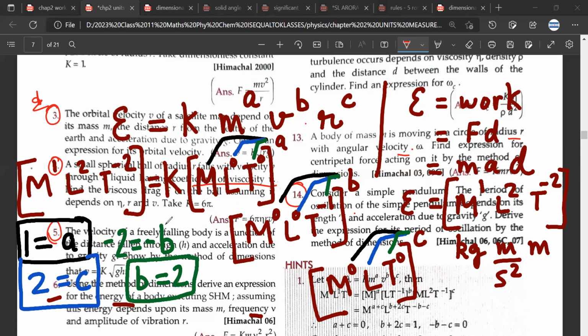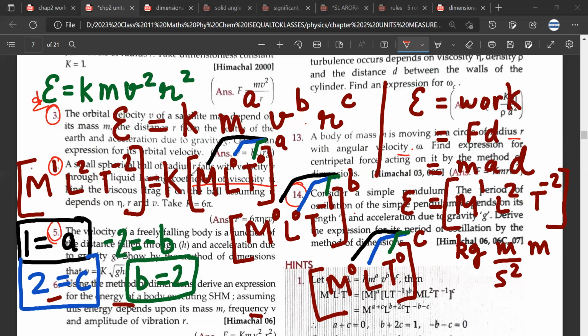So my formula would be energy is equal to some constant into mass, frequency raised to power 2 and radius raised to power 2. So this should be my final expression. Are we clear?